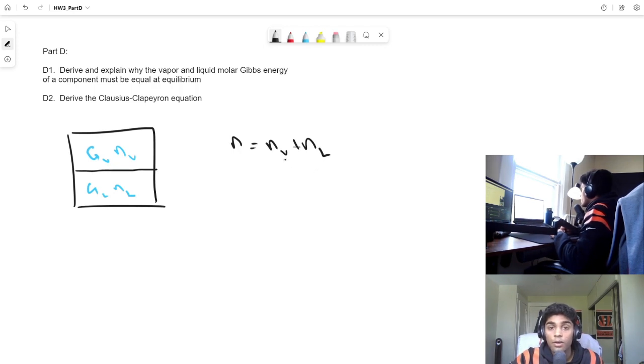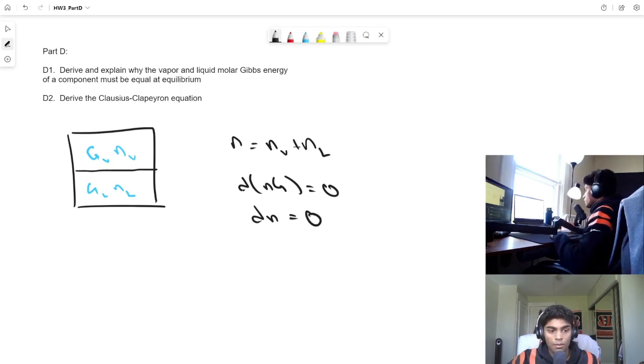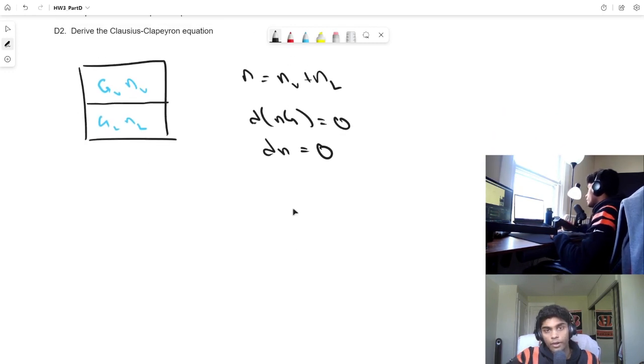Now, since we are in a closed system, that means that pressure and temperature are going to be held constant. So further, we can say that the differential of the Gibbs energy per mole is going to equal 0. And thus, the differential in the moles is also going to be equal to 0. So now, taking all this into account, we can look at an equation for the total Gibbs energy in our system.